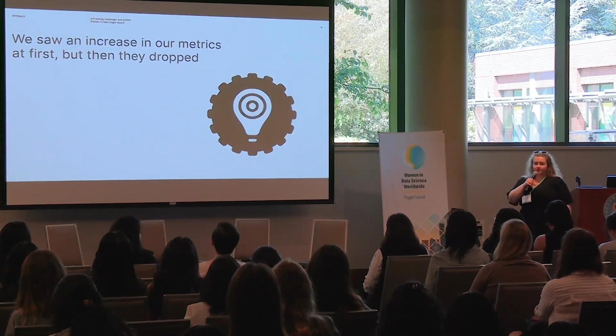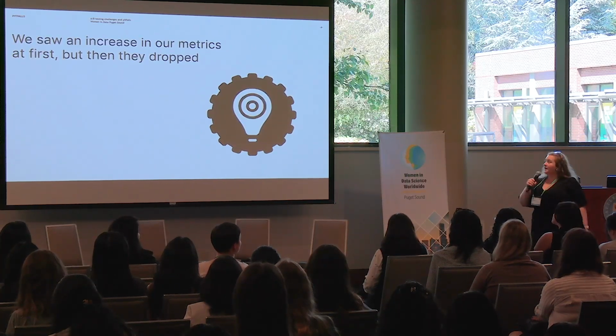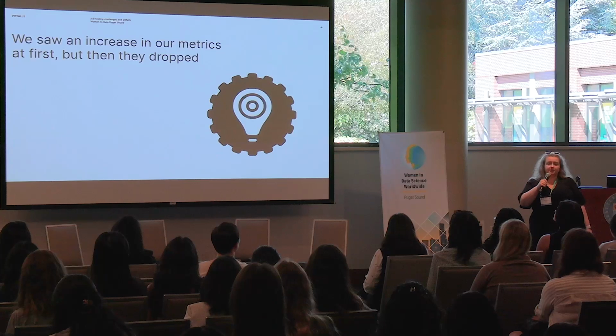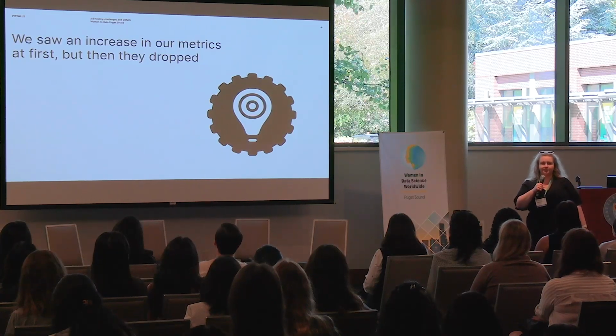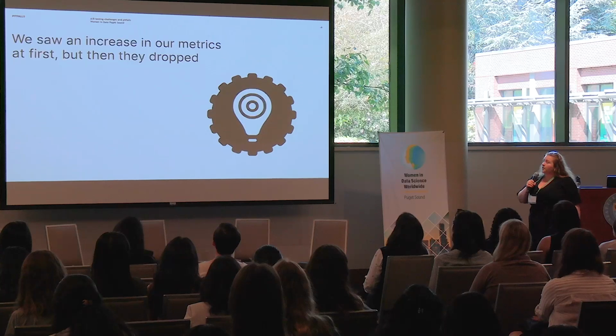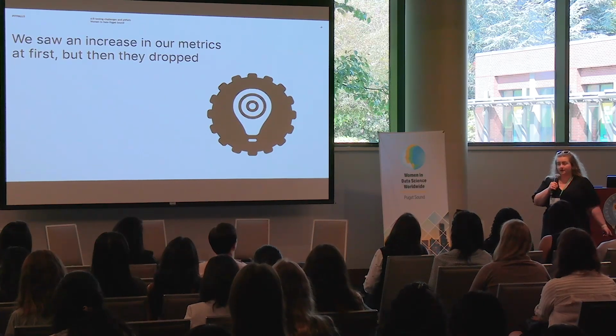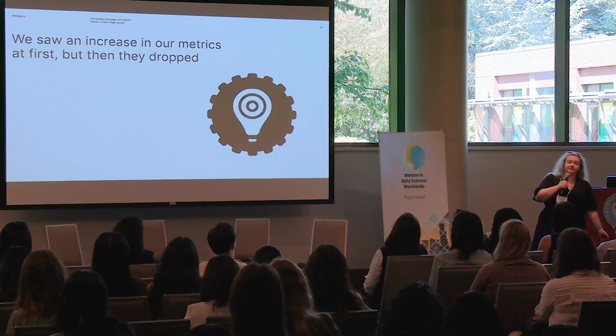Another fun one. So you have your test, you check in on it regularly, and at first you see an increase in your metrics, but then they drop. So what do you do? There's two scenarios here. If they increase, but then they drop and level off, that may be due to novelty effects.